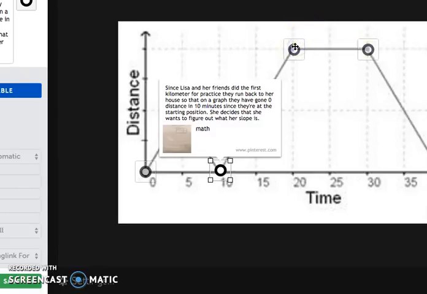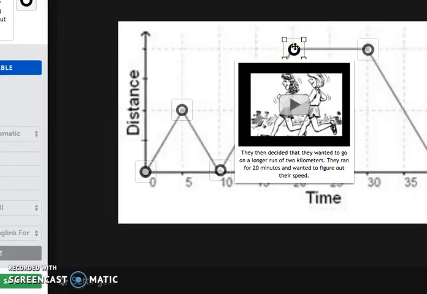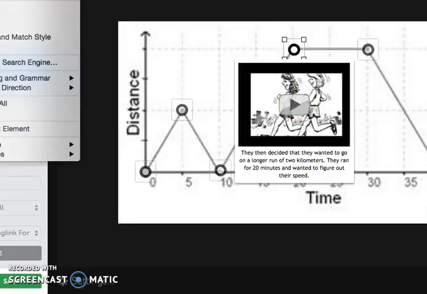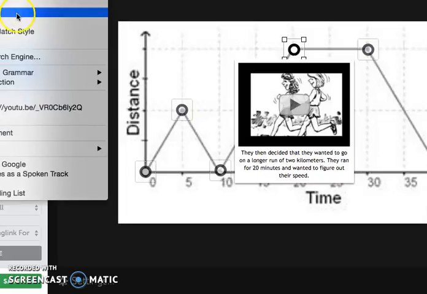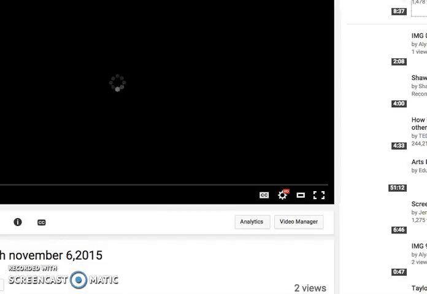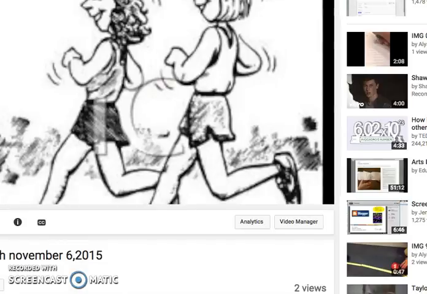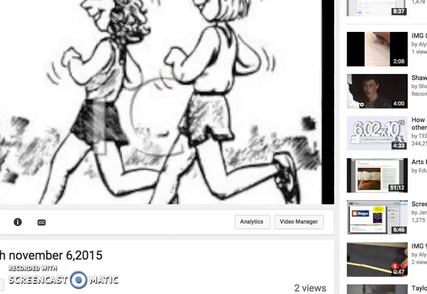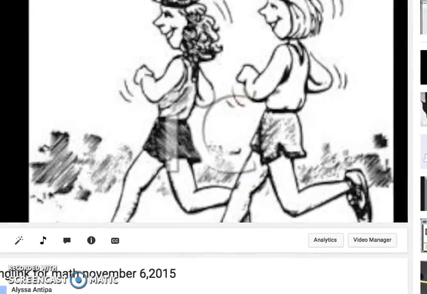They then decide to run more this time. So they run 2 kilometers for 20 minutes and want to figure out what their speed is. So here is a video on their speed. If Lisa and her friends want to figure out how fast they are going, the equation would be distance divided by time.